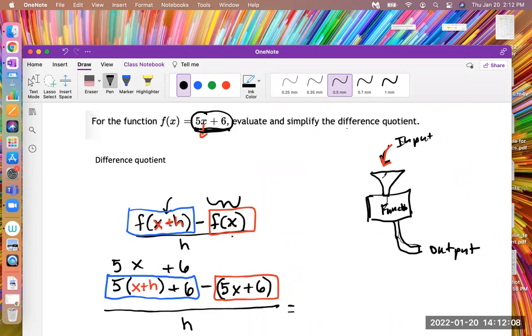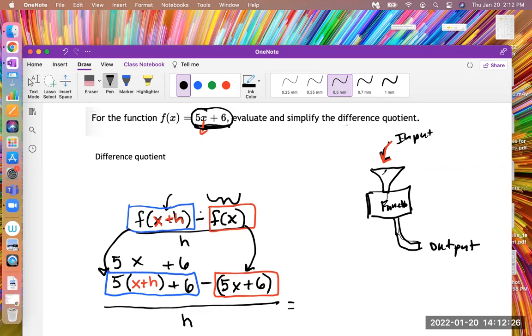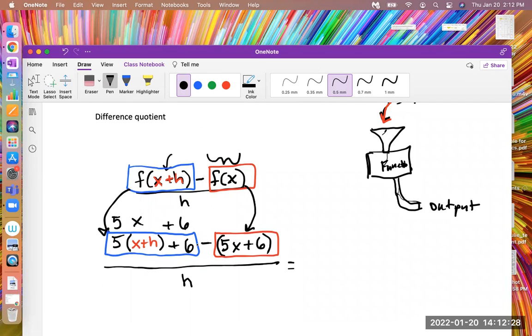Then I replaced the function itself with the f of x, and then I just wrote everything over h. So this got replaced with this, and I rewrote this whole expression down here. I wrote down the negative sign and I wrote down the h.